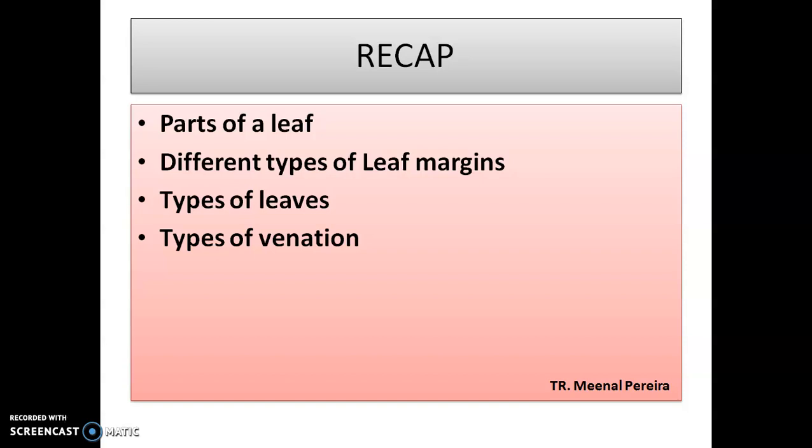We studied entire, dentate, and lobed. Then types of leaves, two types: simple leaf and compound leaf. And types of venation: reticulate venation and parallel venation. I hope you are clear with this. Very simple, very important part of the plant.